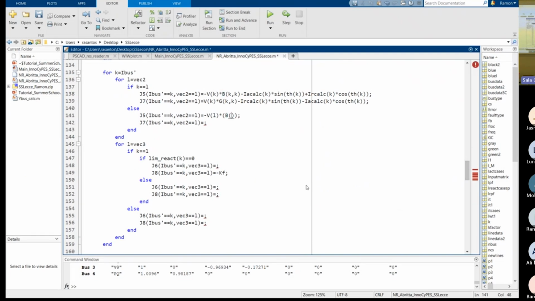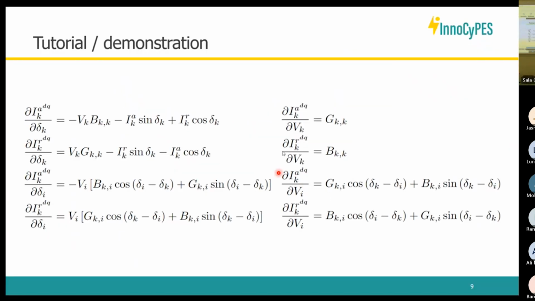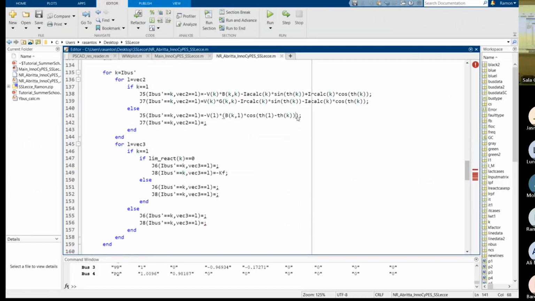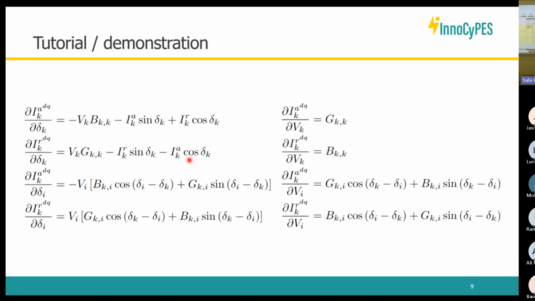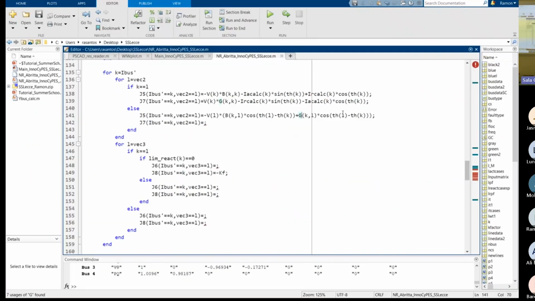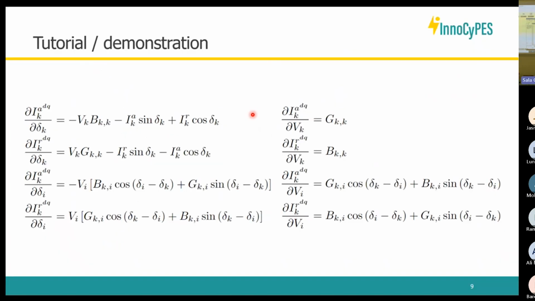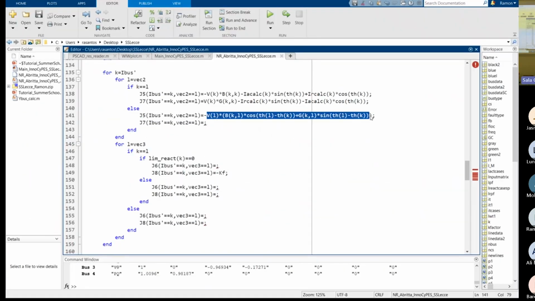So B K L times cosine of phase of L minus phase of K plus G K L and sine. Okay. I think everything is all right.